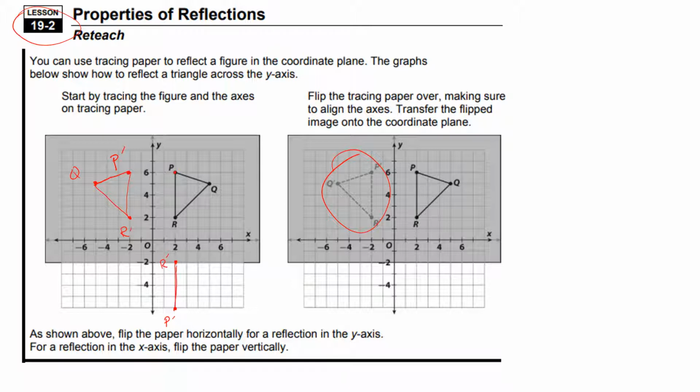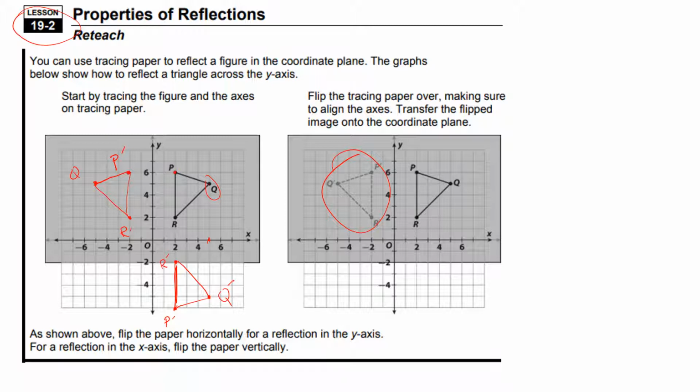This is if I'm reflecting about the x-axis. The x-axis is like that mirror. And then Q right there, I'm eyeballing this, it's 5 spaces above the x-axis, so it's going to be 5 spaces below the x-axis on that same point. So Q prime would be right there. If I reflected about the x-axis, this is what it would look like.